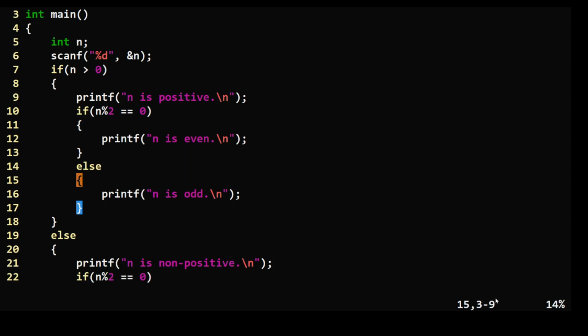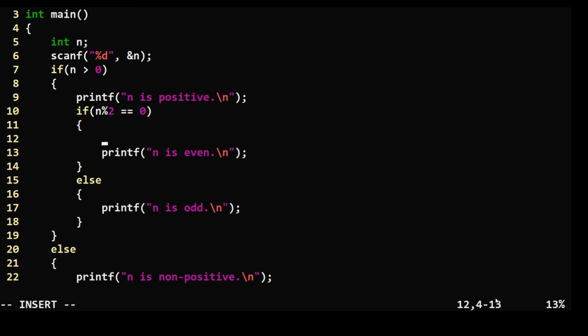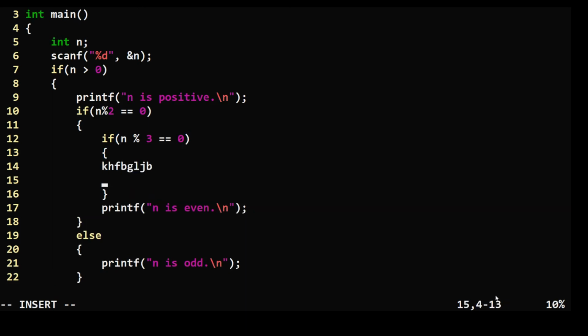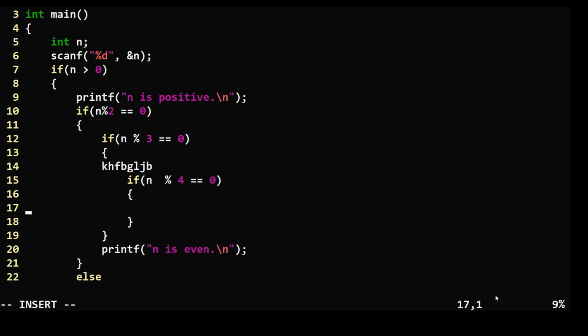However, for having a program that is simple and easy to understand, I don't really think it would be wise to have many levels of nesting. If you have many levels of nesting, gradually, if n modulo 2 is equal to 0, if n modulo 3 is equal to 0, do something, and if n modulo 4 is equal to 0, do something else.